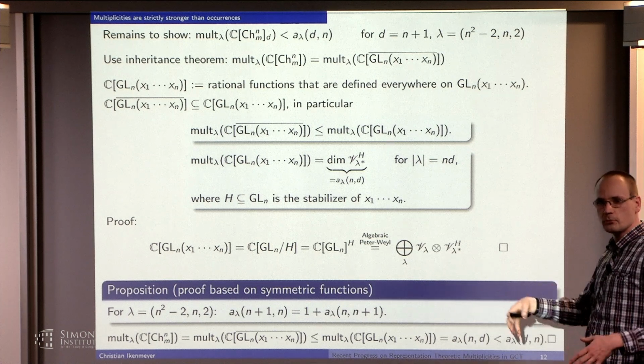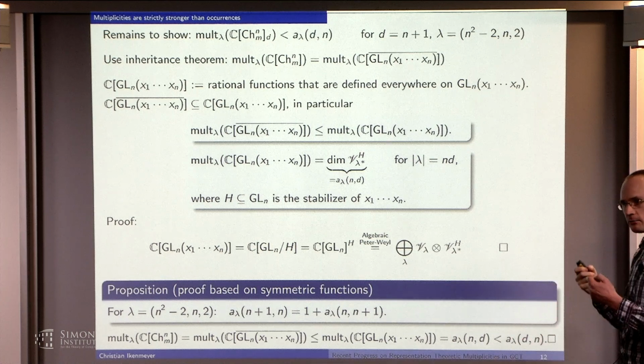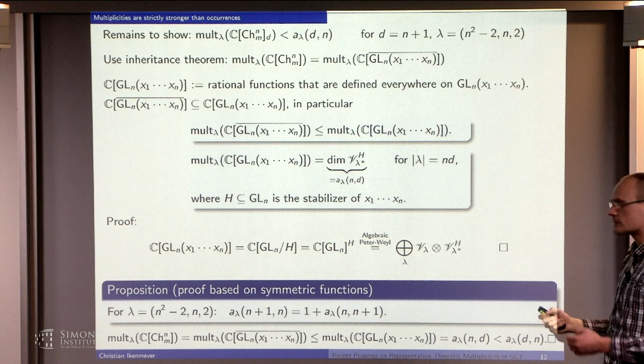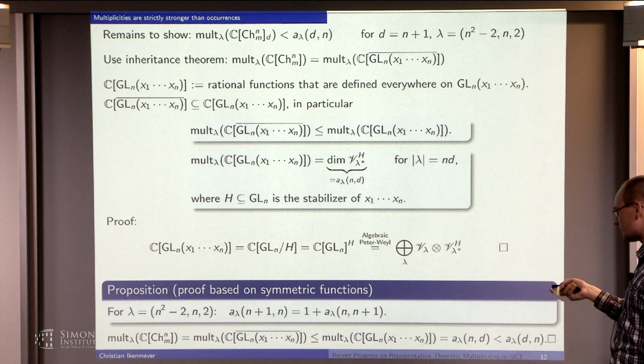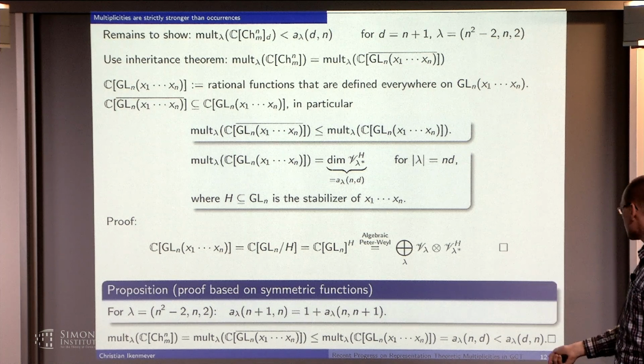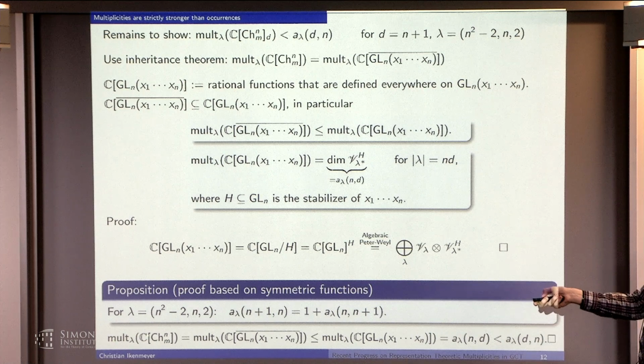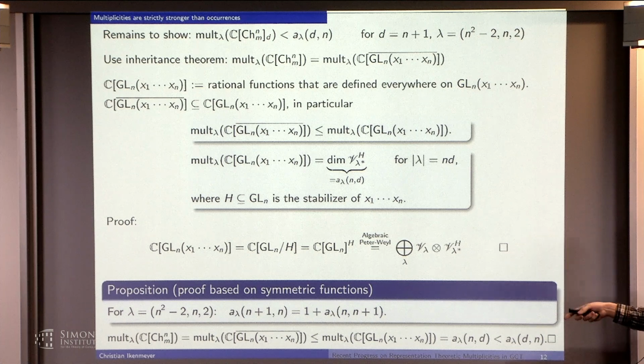You completely remove the whole geometry, and it is completely based on symmetric functions, Schur functions and things like this. This now gives the desired bound. The multiplicity in the Chow variety is the same as in the orbit closure, which gives you this upper bound. This can be nicely described as just this plethysm coefficient, which is indeed less than the other plethysm coefficient, and this separates it.